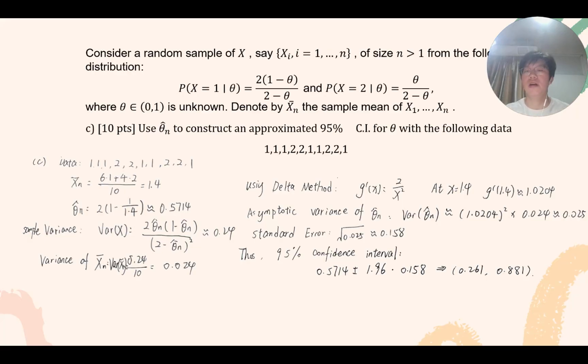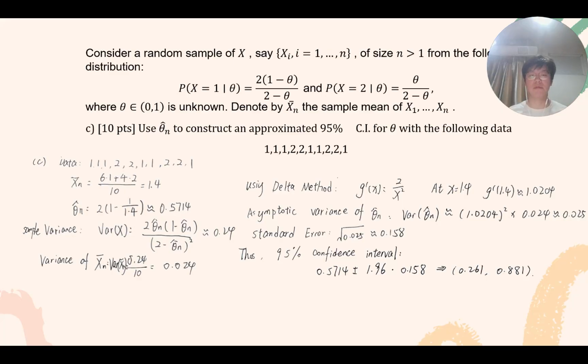After that, we can calculate theta hat n, which is approximately 0.5714. And then we can get the variance of x and the variance of x bar. Finally, we can use the delta method to get the 95% confidence interval.